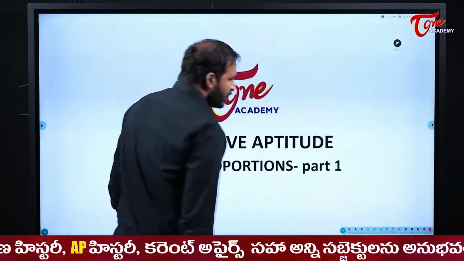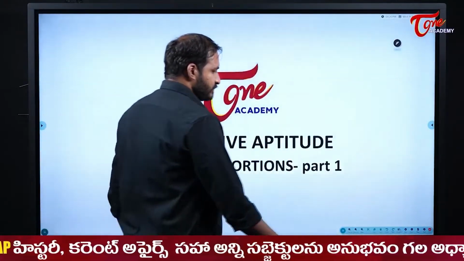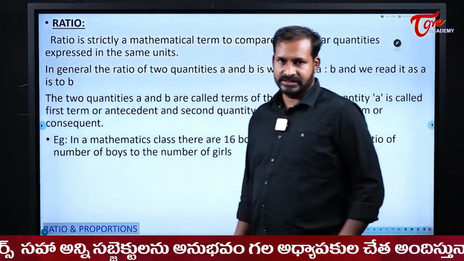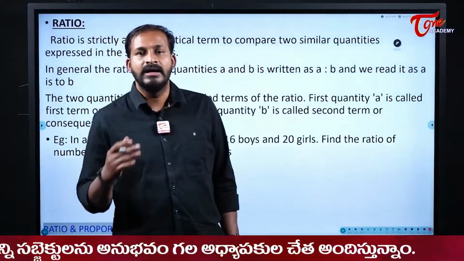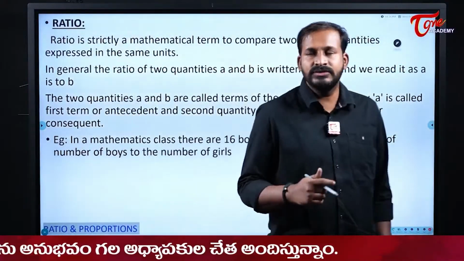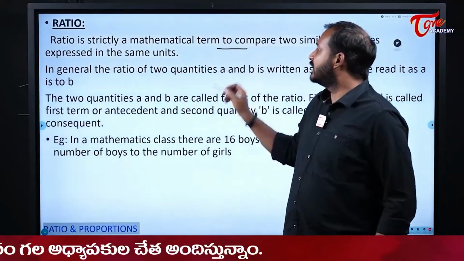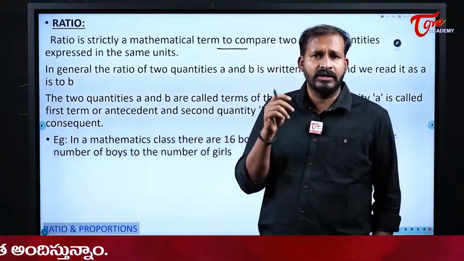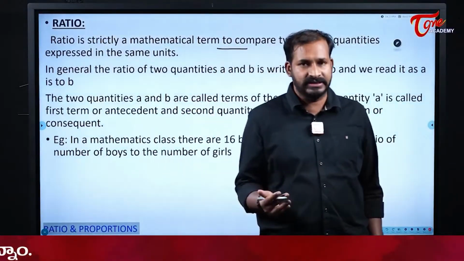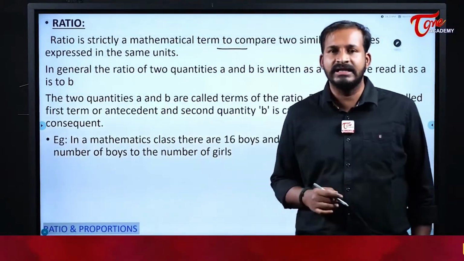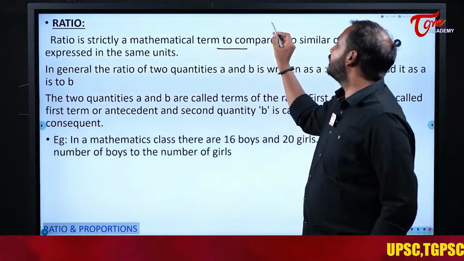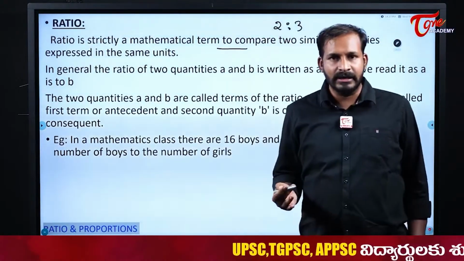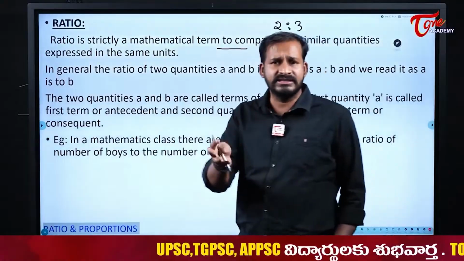Okay, now we will see the concept of ratios. Now, what is a ratio? To express any two numbers, if I want to hide the values, I will use this word, ratio. For example, if I want to tell the relation between two persons without telling exactly their values, then I can say that two numbers are in the ratio of 2:3. I don't want to reveal their exact value, but I want to tell the relation between them.